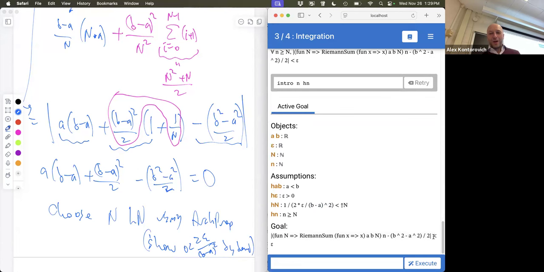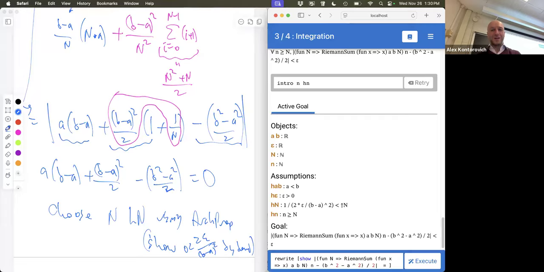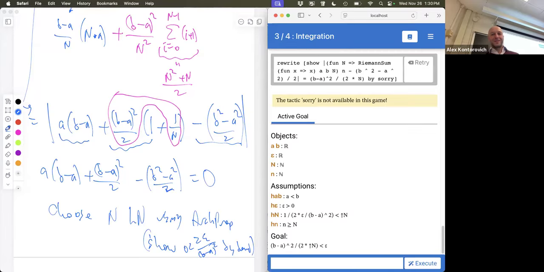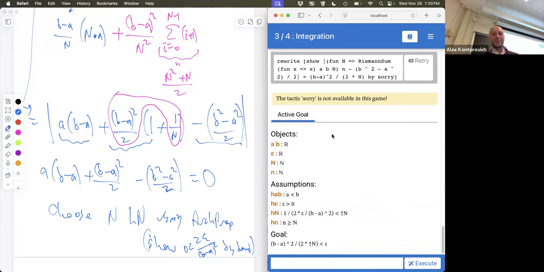I'm just going to say that this whole thing is equal to, or maybe rewrite, show that this whole thing is equal to b minus a squared over 2 times n, sorry. I know sorry is not available, but trust me, this whole thing, I mean, don't trust me. Do the algebra, but the algebra has to come out. I mean, let's do the algebra.